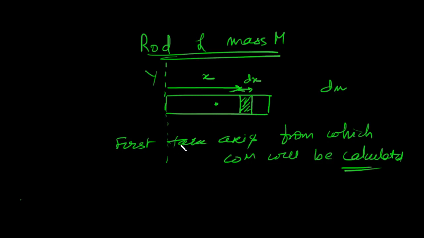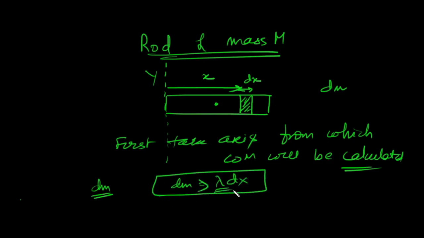So this is the situation now. Now I want to find out what dm will be. Since I am taking mass in terms of length, dm can be equal to lambda into dx. Lambda would be the mass per unit length. Since mass is continuous, I can take m by l as lambda, which is constant.